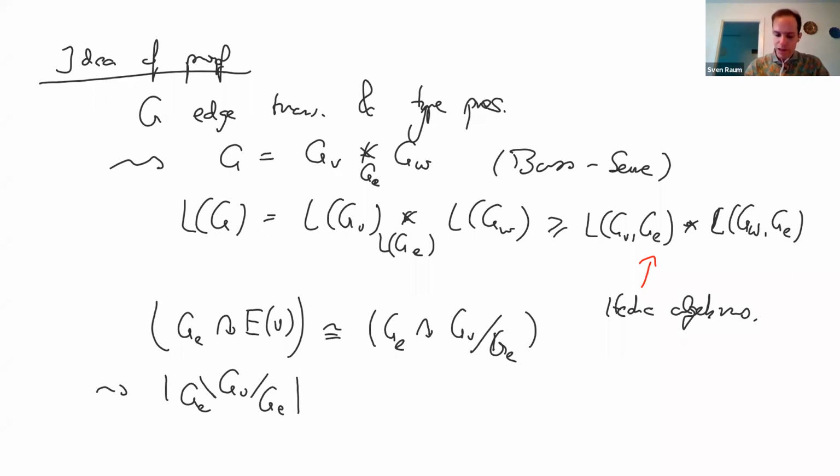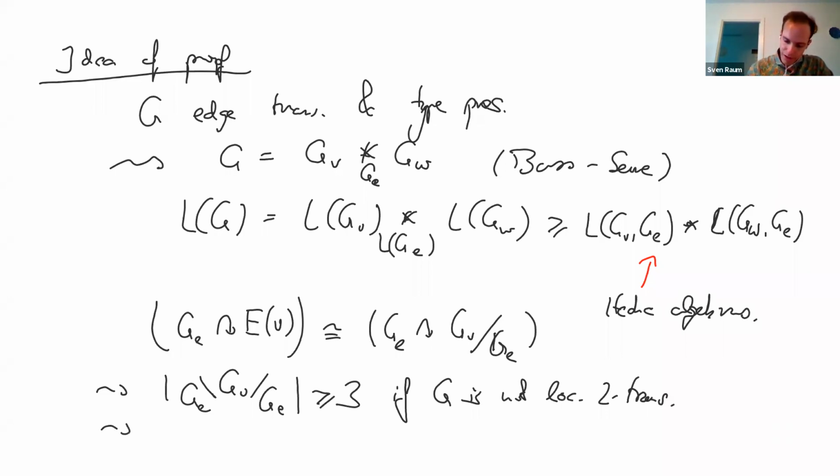Now, how does the edge stabilizer act on the neighborhood? Well, we have a stabilizer already, and it's going to have two orbits here exactly if the group is locally 2-transitive. That's just 2-transitivity. So this is going to be at least 3 if G is not locally 2-transitive. And we observe that M free product N, this is a von Neumann algebraic result, is non-amenable.